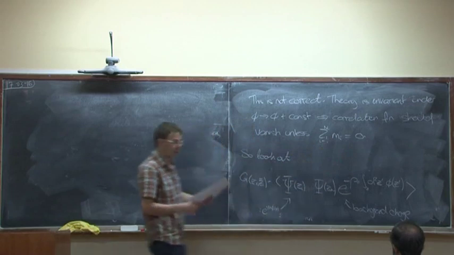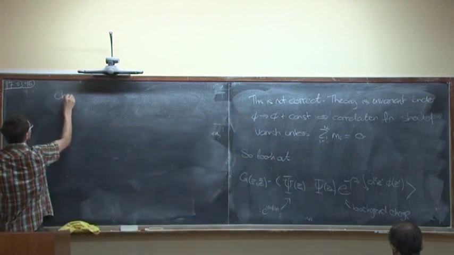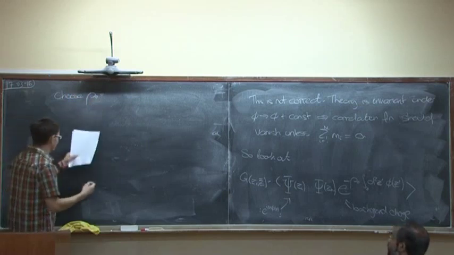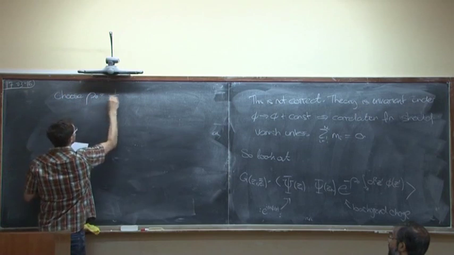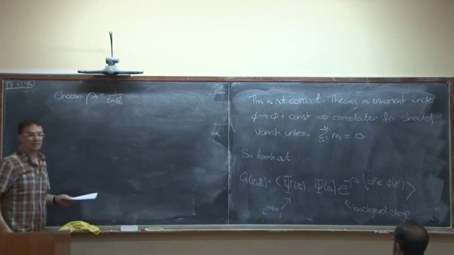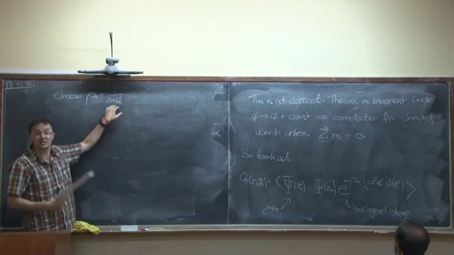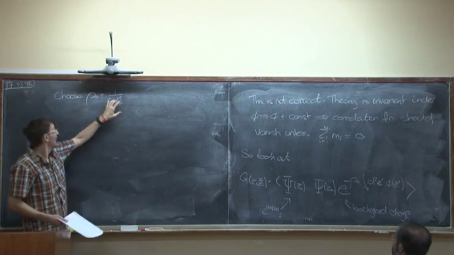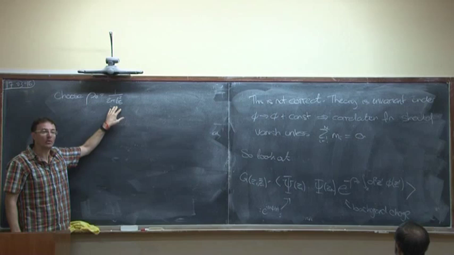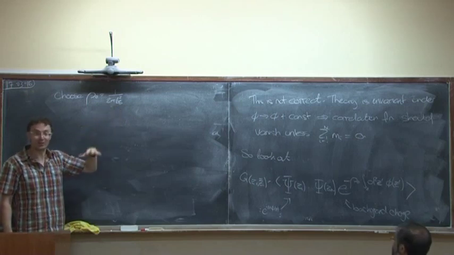Alright, so let's see how that works. We're going to choose rho 0, which is just something which should be there on dimensional grounds. And we're going to pick it to be this. It's going to be a choice that makes things work out nicely. If you want some justification, go back about 20 hours in these lectures where we were talking about the plasma analogy in the Laughlin wave function.